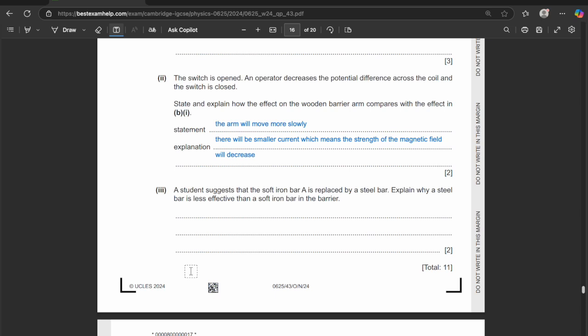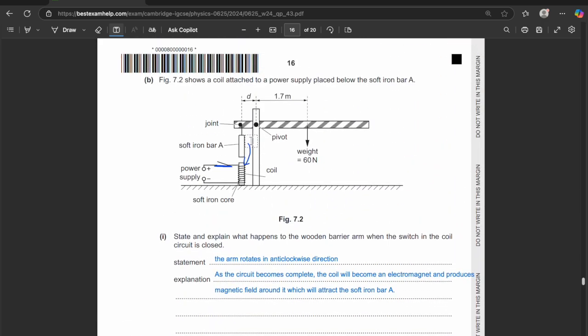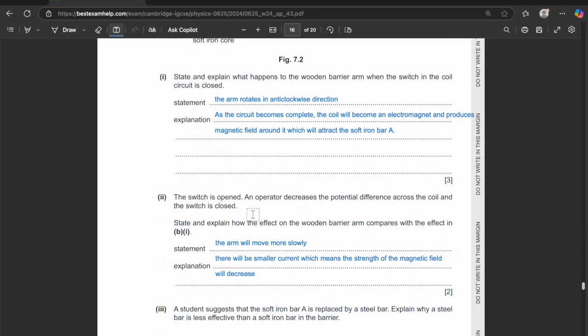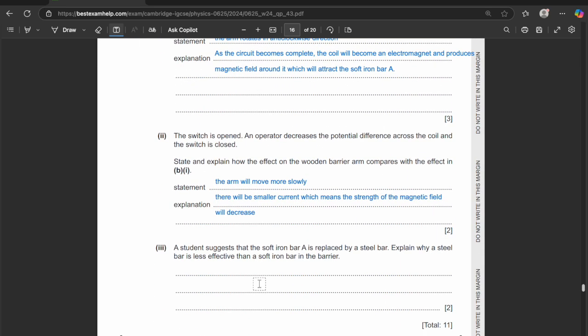So it won't be a real-time working thing. And it also gets magnetized permanently, which means that even if you disconnect the circuit, it will still be magnetized. It's not even an electromagnet at that point anymore. It will be a permanent one.